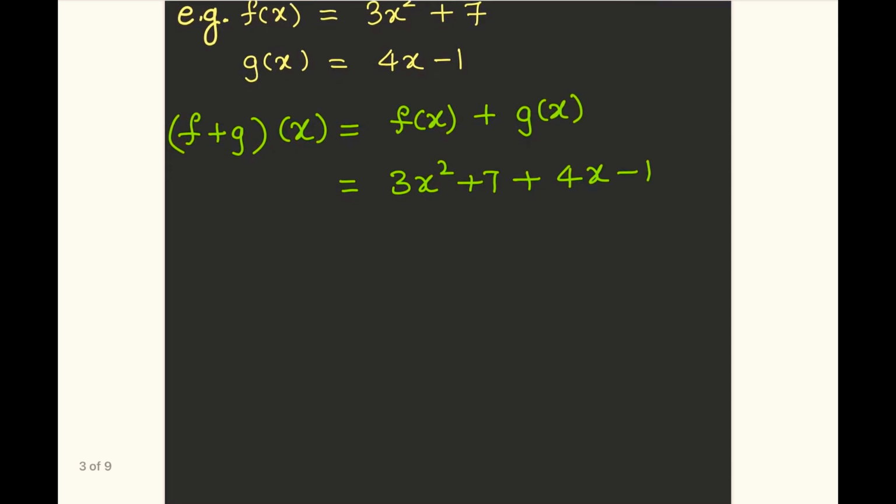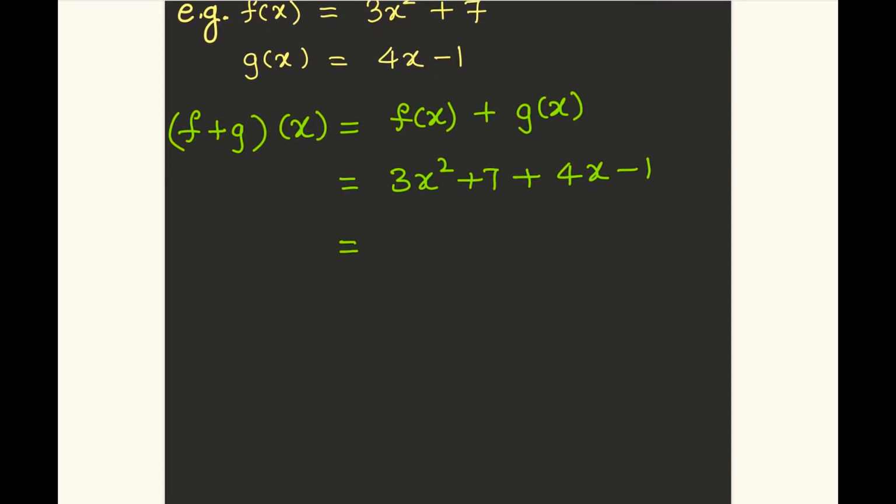If you solve this further, you'll get 3x squared, there is no other x squared term, then I have 4x, there is no other x term, and I have 7 and negative 1, so 7 minus 1 gives me positive 6. So this is the answer for addition of the two functions f of x and g of x.